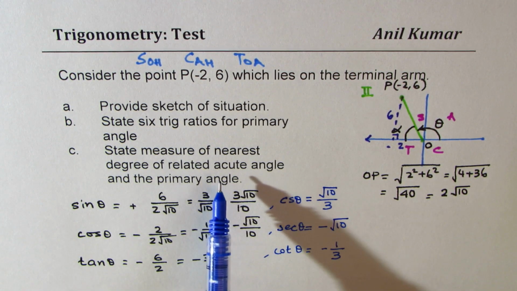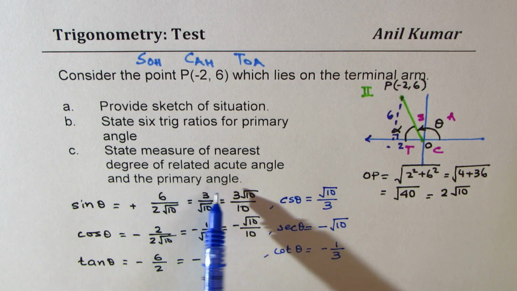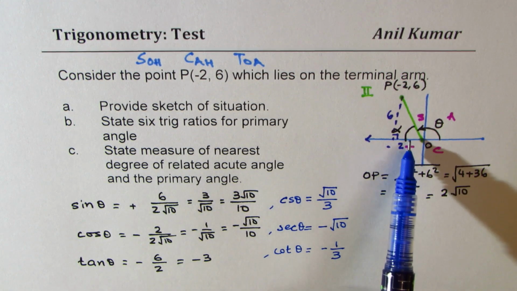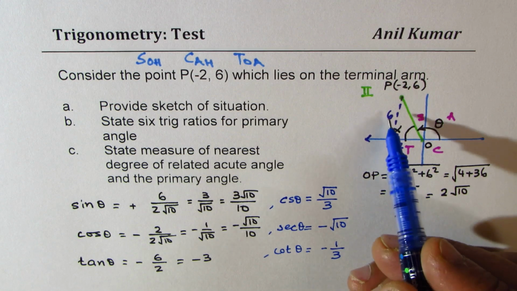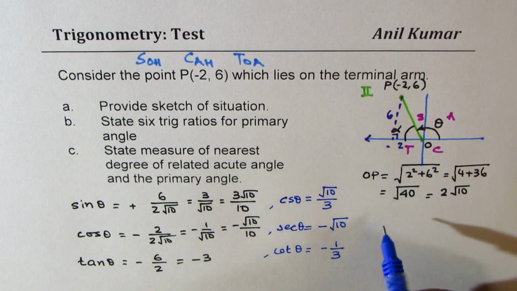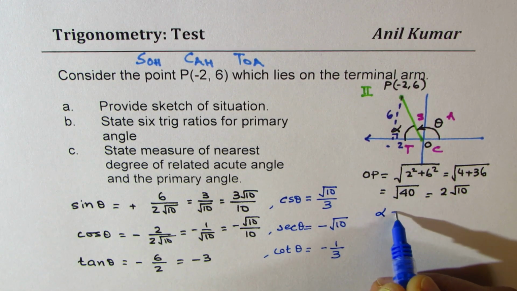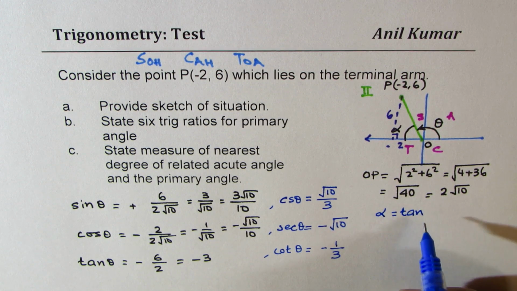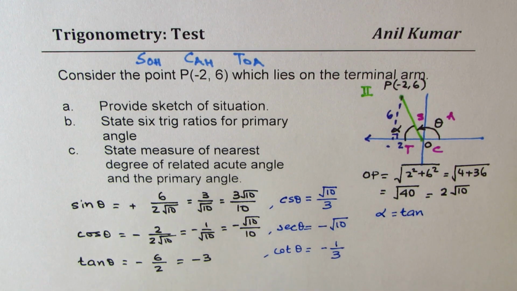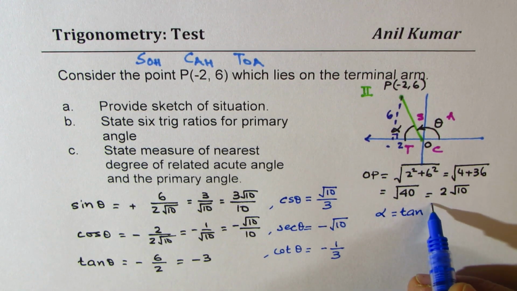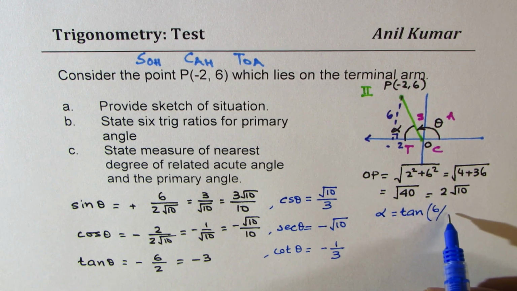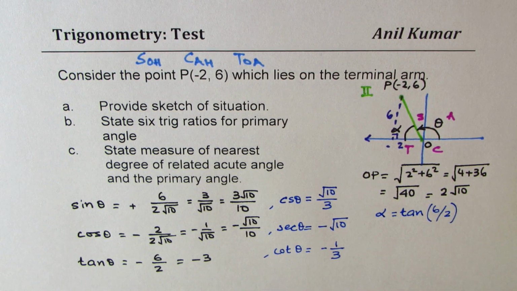Now we need to find the related acute angle and the principal angle. To find the angle, we can use tan, right? So alpha is equal to tan inverse. Acute angle is always positive. So tan inverse 6 over 2. So we can use the calculator to find this angle.